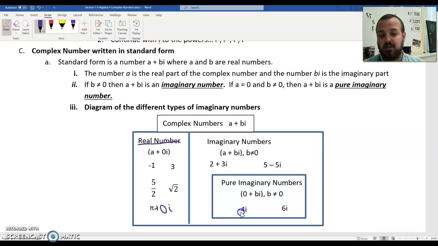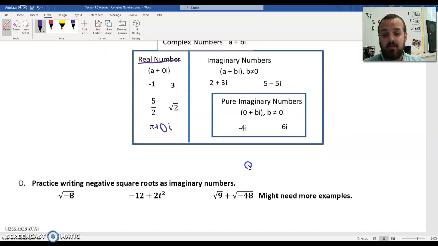They're only imaginary, so -4i, 6i, things like that. This diagram shows you the complex number system: real numbers with no imaginary component, imaginary numbers that have an imaginary component, and more specifically pure imaginary numbers that have only the imaginary portion.